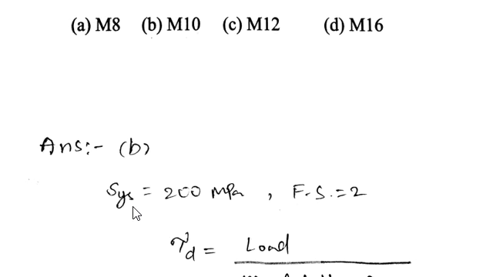Y represents yield strength for shear. Because we have used tau in the second step, if you take tau y as the symbol, that is the allowable yield strength, and the factor of safety is 2.